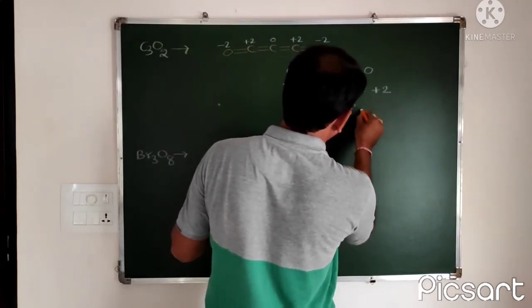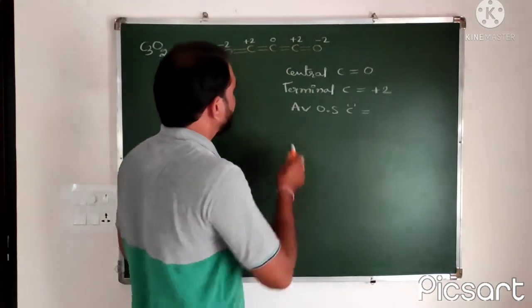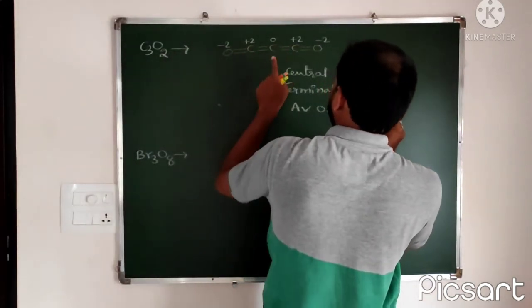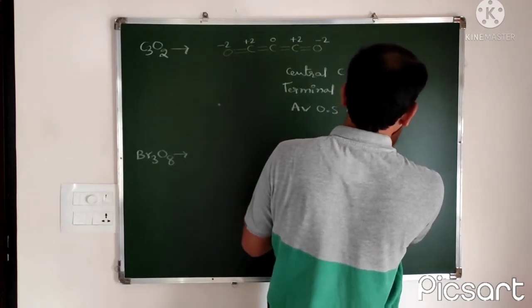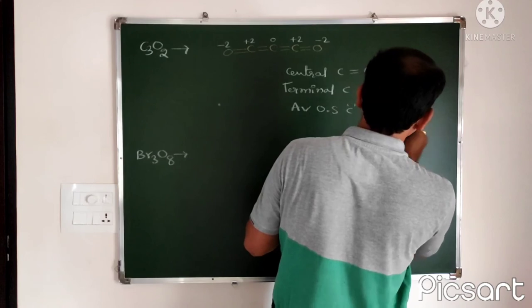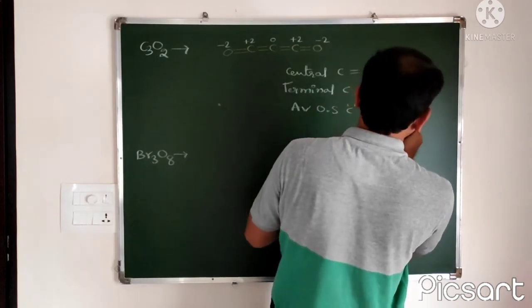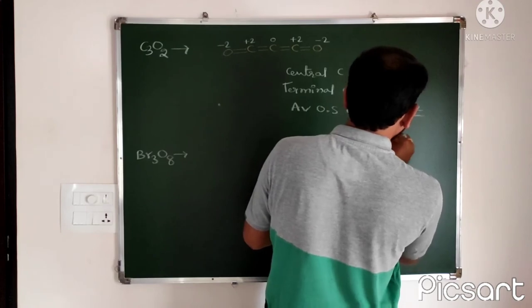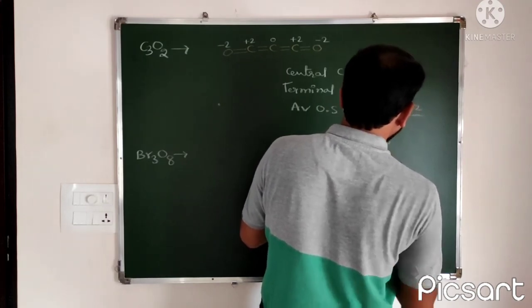Then the average oxidation state of carbon is equal to what? Total charge divided by the number of carbons. Here, left to right, the charges on carbon are plus 2, plus 0, plus 2, divided by the number of carbons, here 3. That equals plus 4 divided by 3.